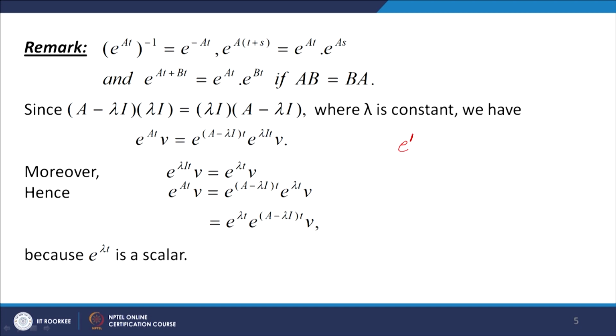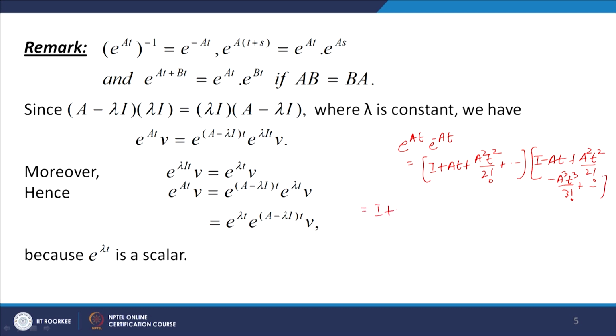See, e to the power At into e to the power minus At. If you write, what we get? I plus At plus A squared t squared by 2 factorial and so on, and then we multiply by e to the power minus At. So, I minus At plus A squared t squared by 2 factorial minus A cubed t cubed by 3 factorial and so on. Okay. So, we multiply by I first.